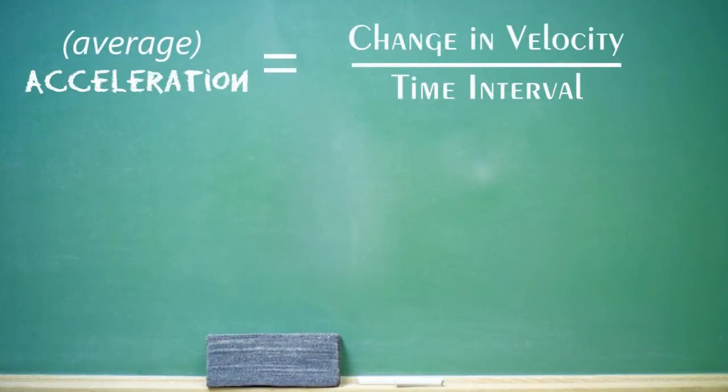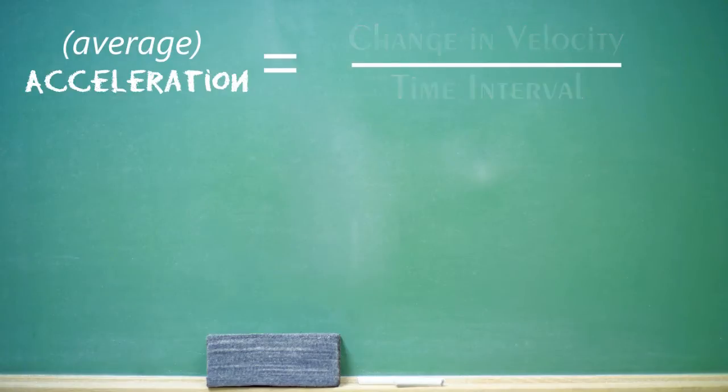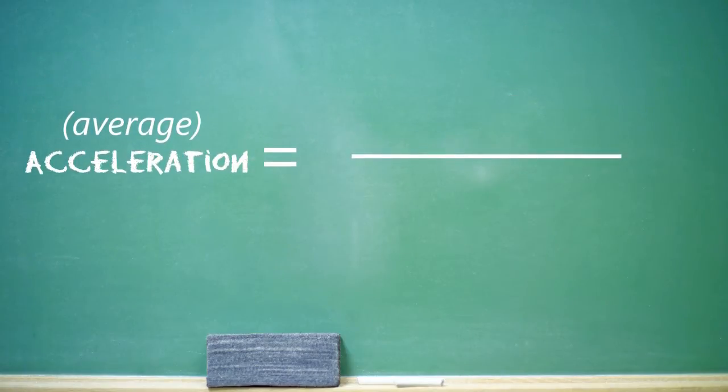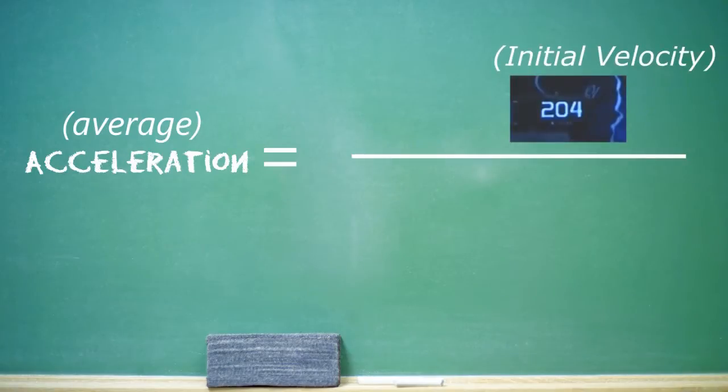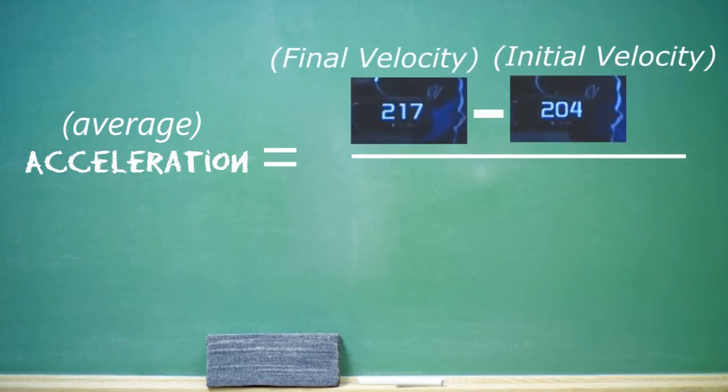Take a look at the formula for acceleration. Acceleration is the change in velocity divided by the time interval, or the change in time. So let's put in what we know. In those 10 seconds, I increased my velocity from 204 kilometers per hour to 217 kilometers per hour. I also need to figure out my time interval.